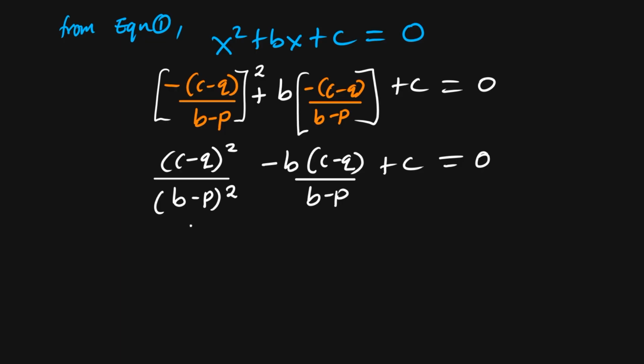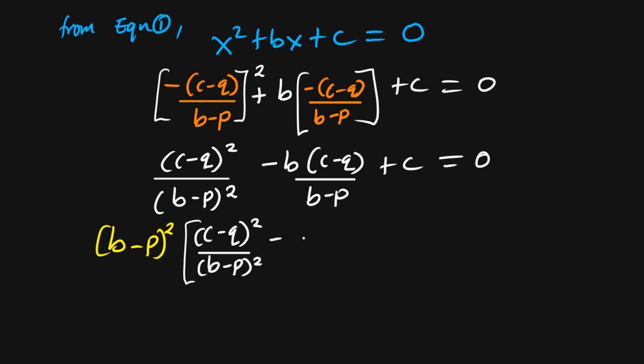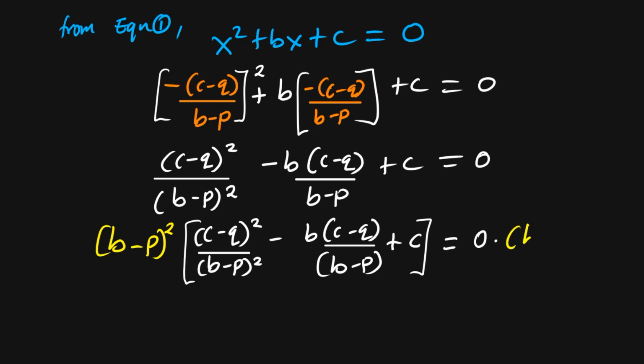Let's multiply through by (b minus p) squared to eliminate the denominators. So this is the same as (b minus p) squared into [(c minus q) squared divided by (b minus p) squared minus b into (c minus q) divided by (b minus p) plus c], close the bracket, equals 0 times (b minus p) squared.